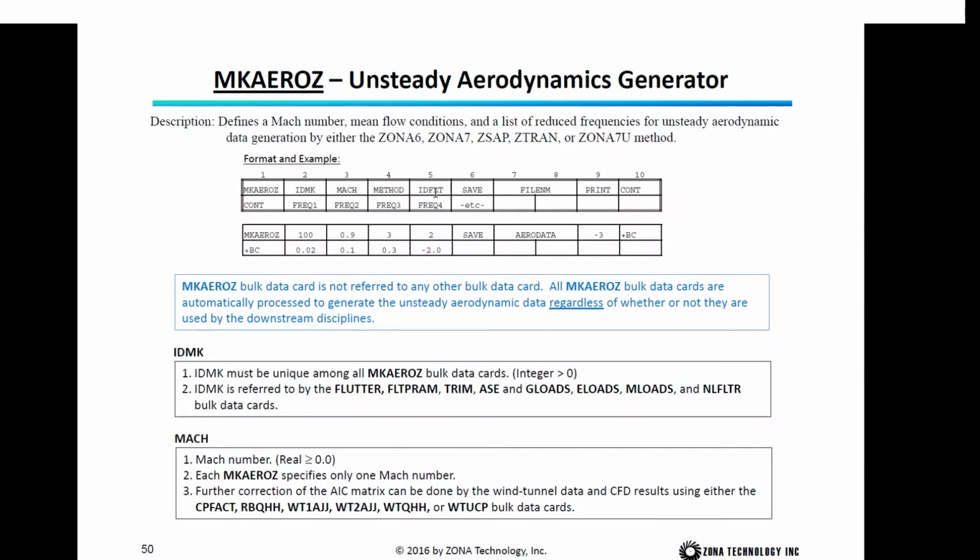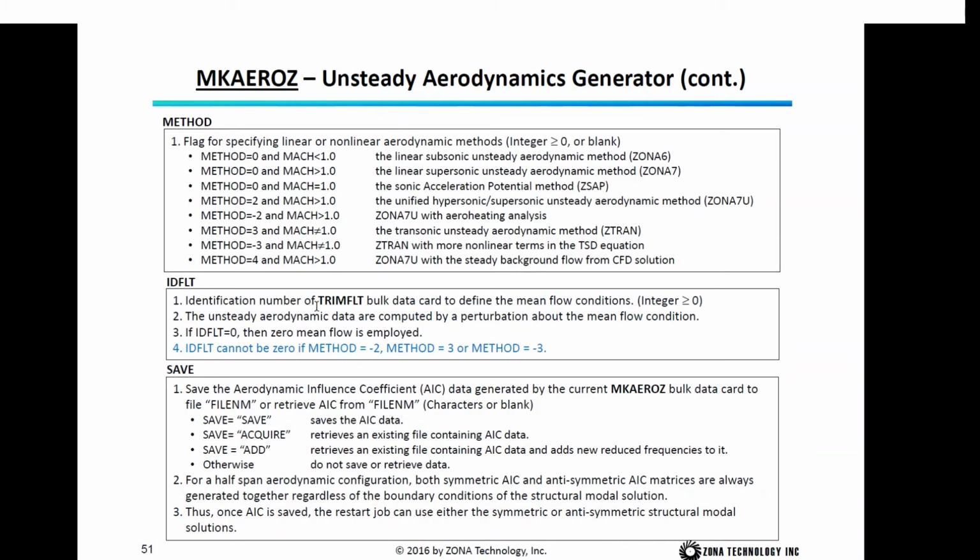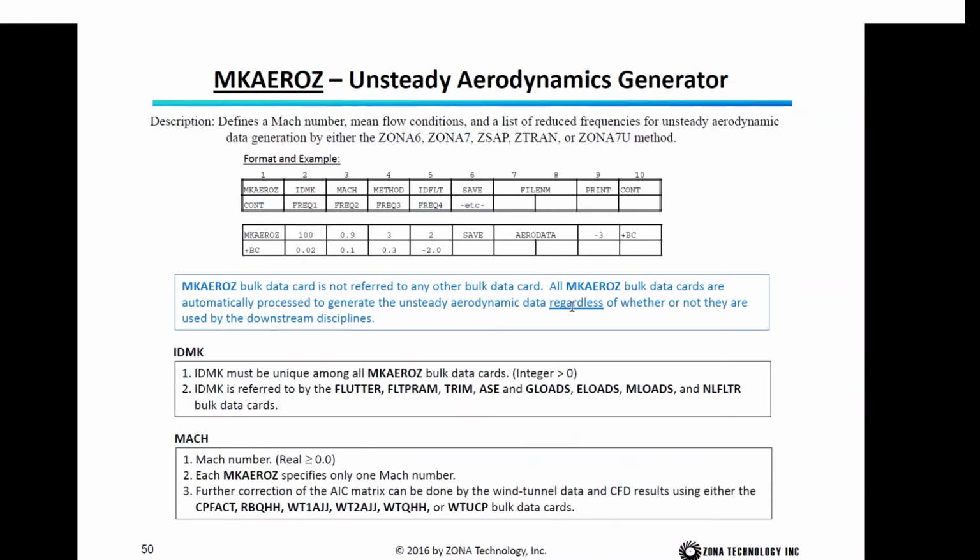Okay, and the ID FLOOD refers to a TRIM FLOOD card. In the trim card, you define the mean flow condition, and so the unsteady aerodynamic data are computed by perturbation about the mean flow condition, and the mean flow condition is specified by the angle of attack and the control surface deflection, sideslip angle, and so on.